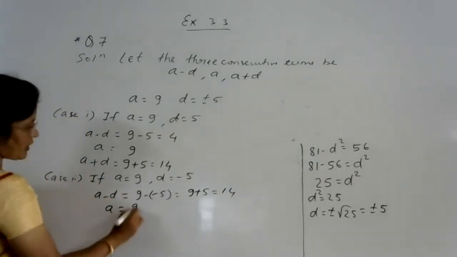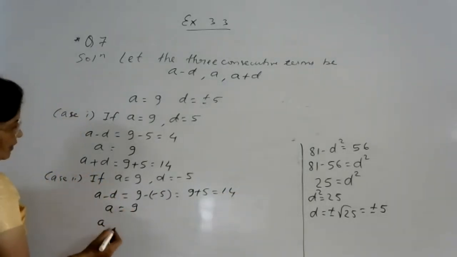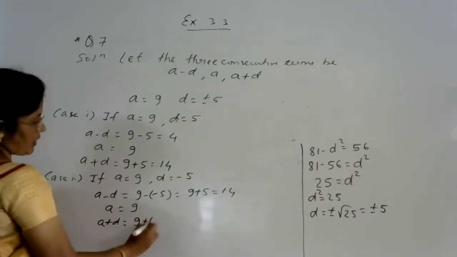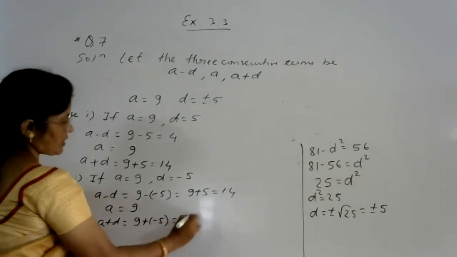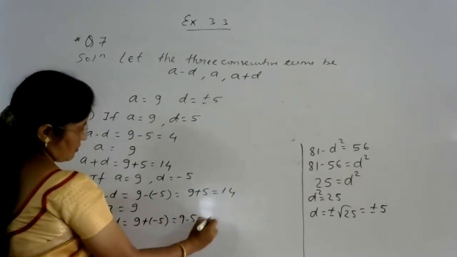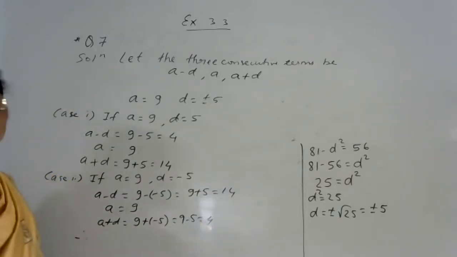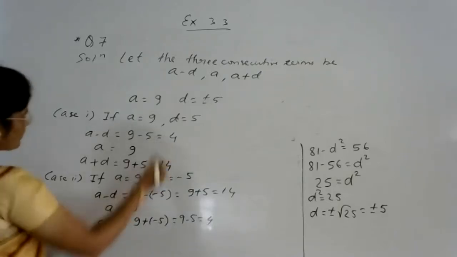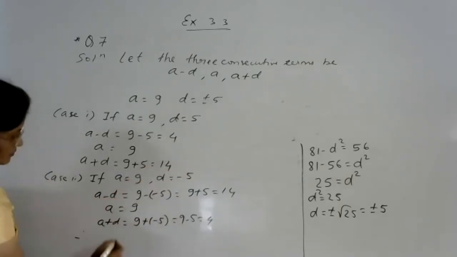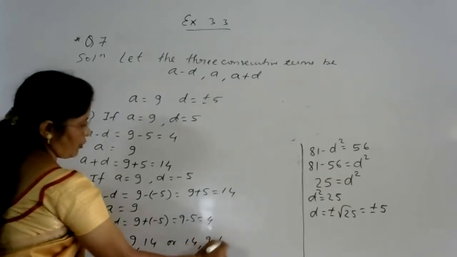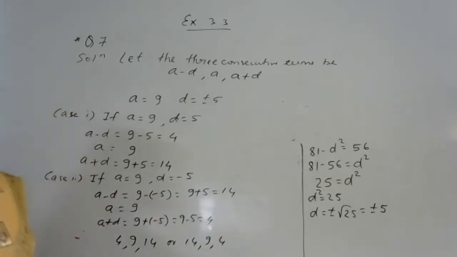A as it is, that is 9. A plus D, that is 9 plus minus 5, that is 9 minus 5 is 4. Therefore, three consecutive terms are, in the first case, 4, 9, 14 or 14, 9, 4. These are the three consecutive terms.